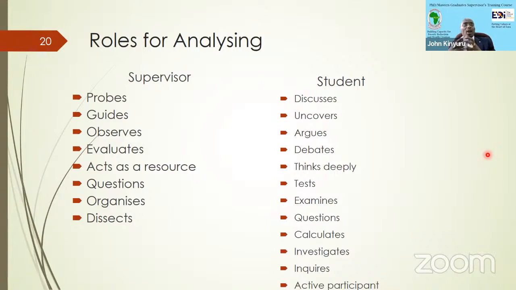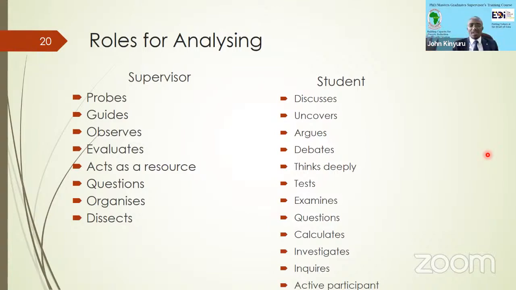This is the point where you help the student to dissect findings. We found this in Kenya. We found this in Morogoro, Tanzania. We found this in Karamoja, in Uganda. So what is common between the three areas?